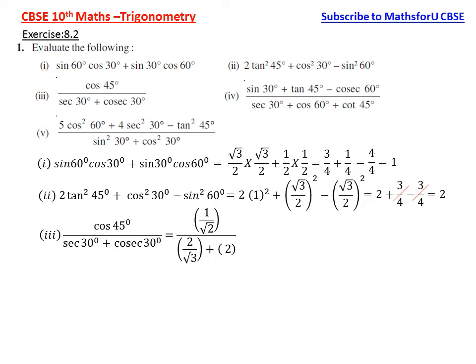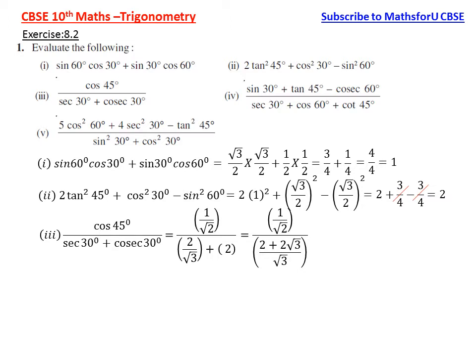Cos 30 is root 3 by 2, so secant 30 will be 2 by root 3 and cosecant 30 is 2, the reverse of sine 30. Sine 30 is 1 by 2, the reverse will be 2. Now in the denominator we take LCM as root 3, so we need to multiply the root 3 with 2, so that 2 root 3 will be there, and in the numerator we have 1 by root 2. So 2 plus 2 root 3 divided by 2 root 3.